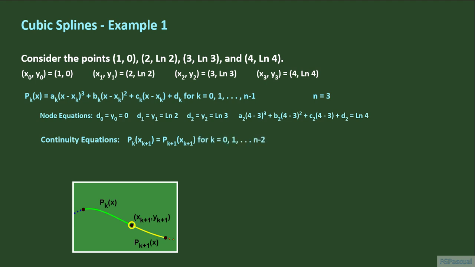The first pair of consecutive polynomial segments is made up of p sub 0 and p sub 1. The left endpoint for p sub 0 is at x sub 0 equals 1, while the shared node is at x sub 1 equals 2.